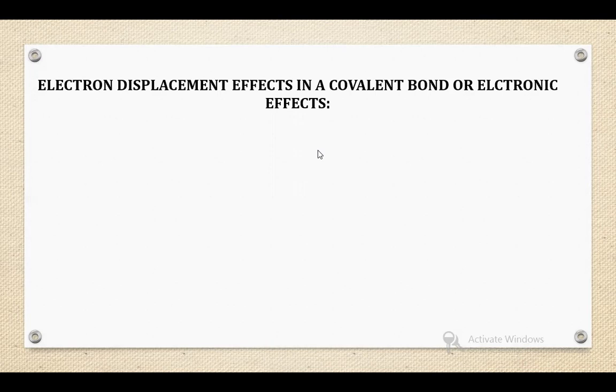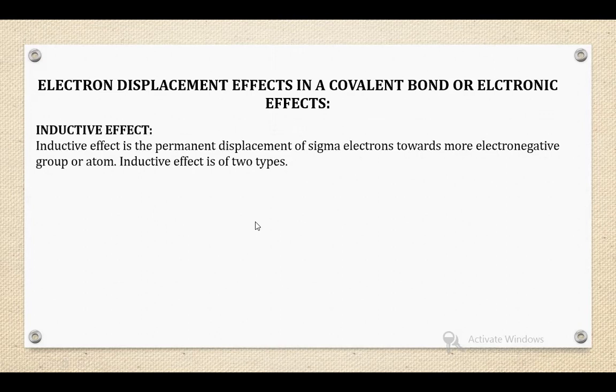So we'll be discussing the first one. In electron displacement effect, the first one is inductive effect. What is inductive effect? Inductive effect is a permanent displacement of sigma electrons towards the more electronegative group or atom.